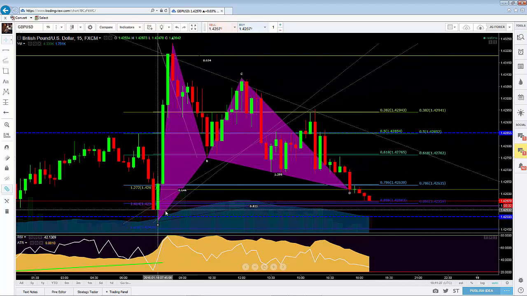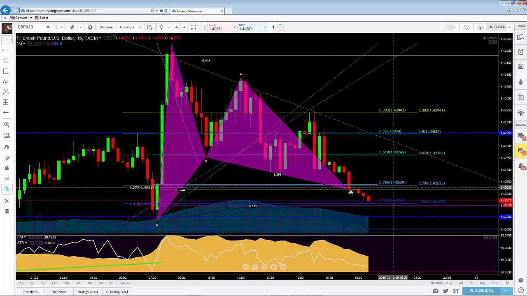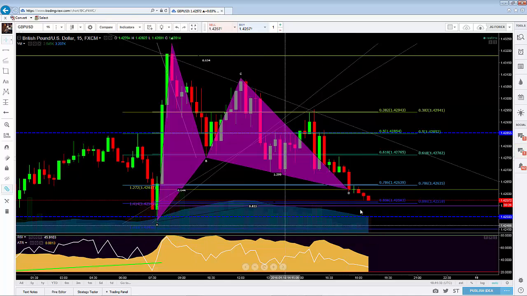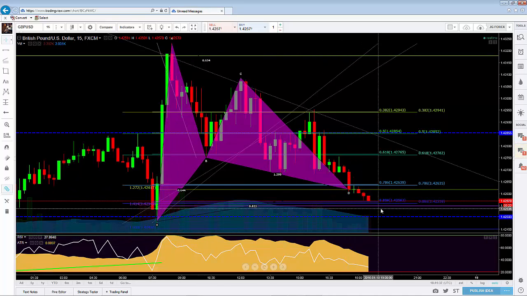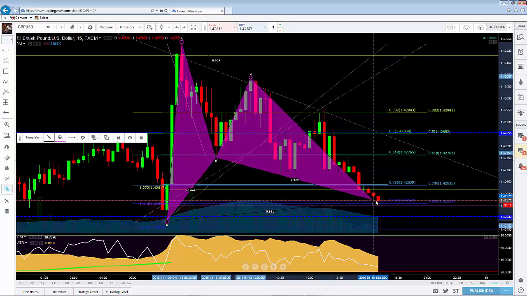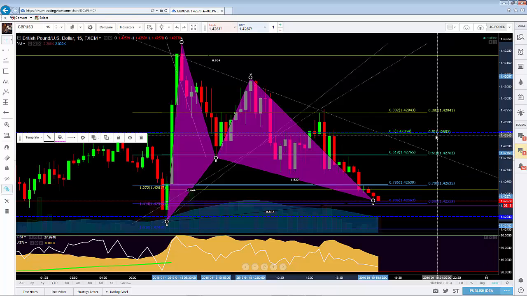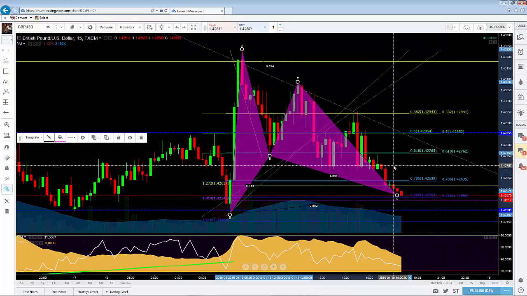The pattern's still valid, because to invalidate this pattern, the D leg would have to push and penetrate X. So still valid. You're getting a better entry now. So if you was to enter at market now, then you're going to get a very nice risk reward.